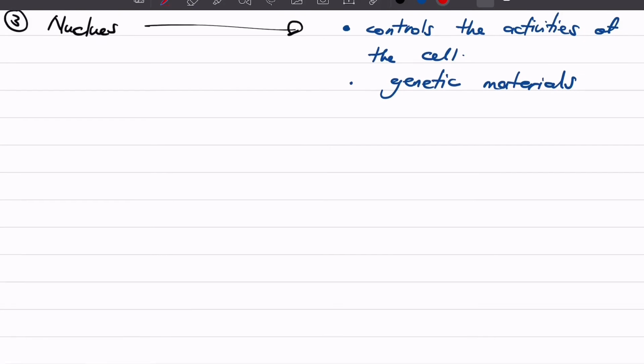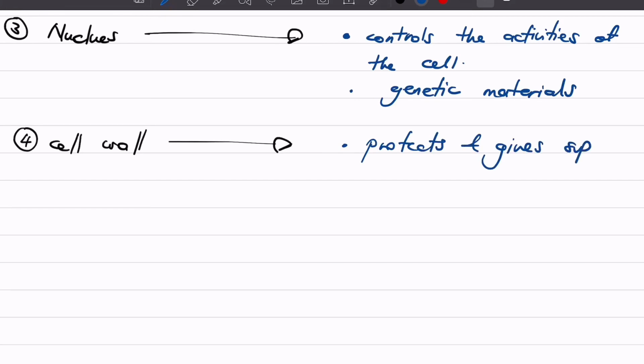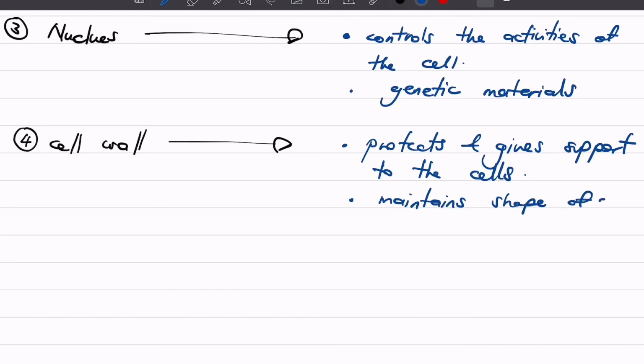Next is the cell wall. For the cell wall, it protects and gives support to the cells, and it also maintains the shape of the cell.